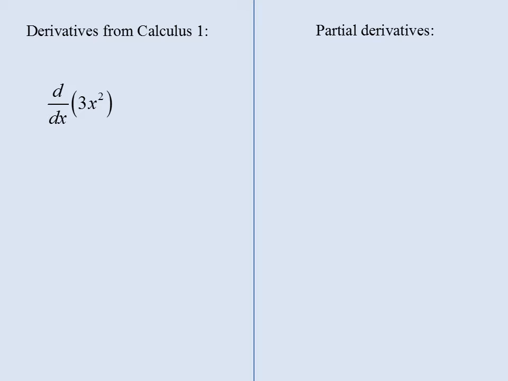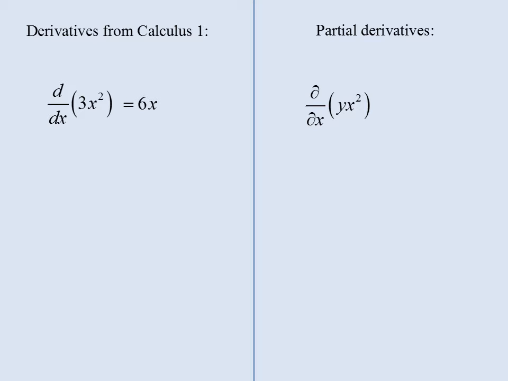For example, the derivative of 3x squared by the power rule would be 2 times 3 x to the first. Now, in partial derivatives, in this expression, we're doing the partial derivative of y times x squared with respect to x.